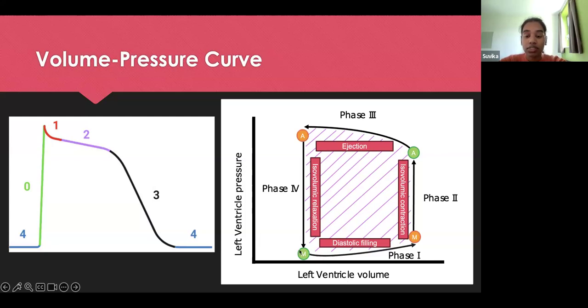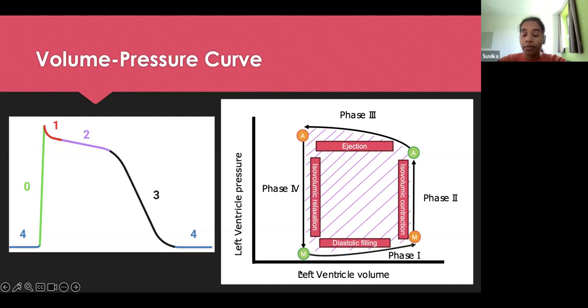And what it's showing is how the volume changes in the different phases of your cardiac action potential. So 4 is resting membrane potential. 0 is your rapid depolarization. Then you've got your phase 1, the plateau phase into phase 2, and then repolarization during phase 3 and back to rest at 4.